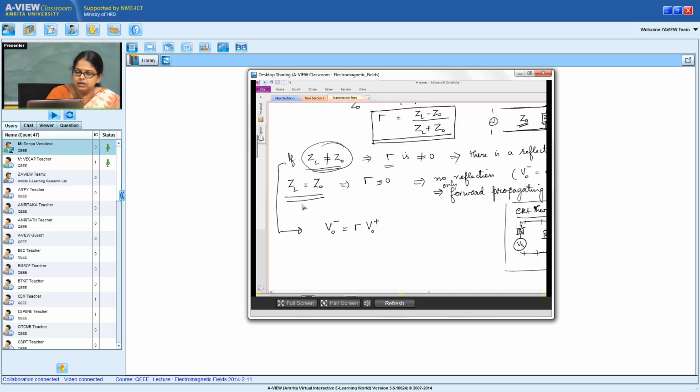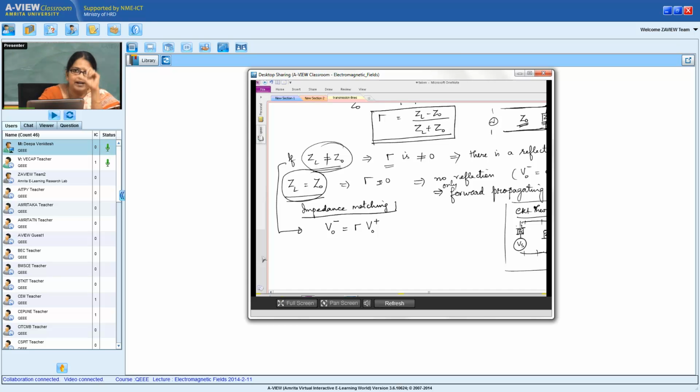Impedance matching means you are creating a situation where you do not have reflected voltage, and that can happen only when the load impedance becomes equal to not the source impedance but the characteristic impedance of the line.